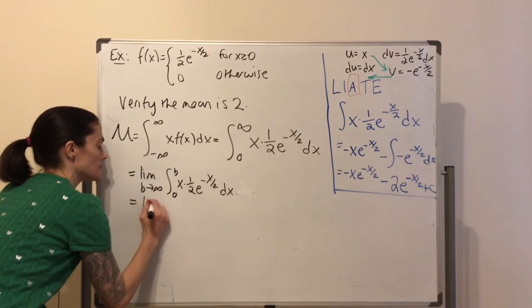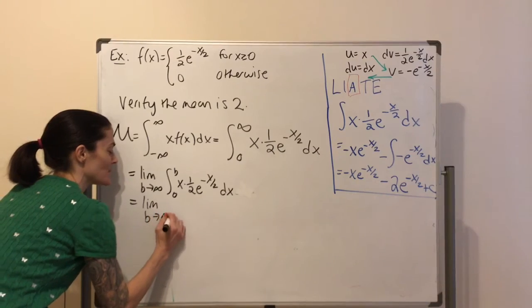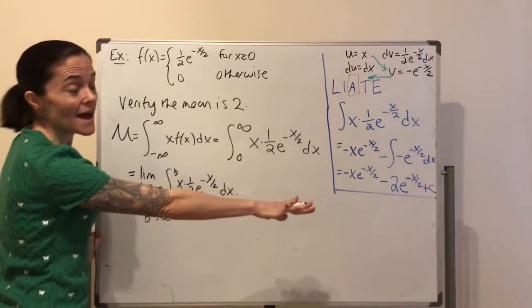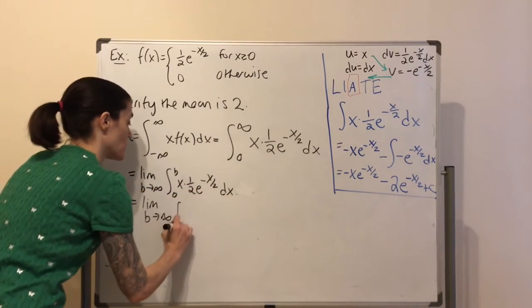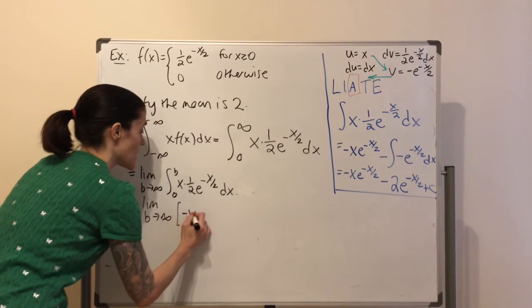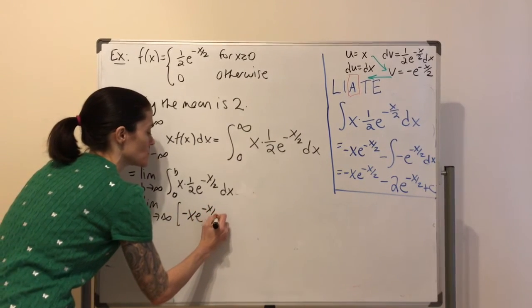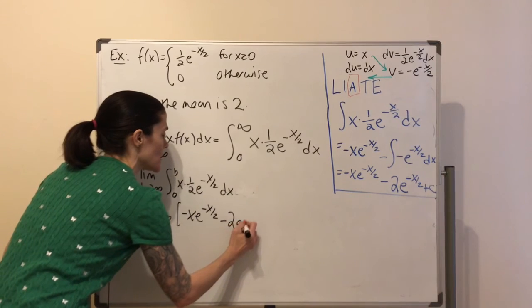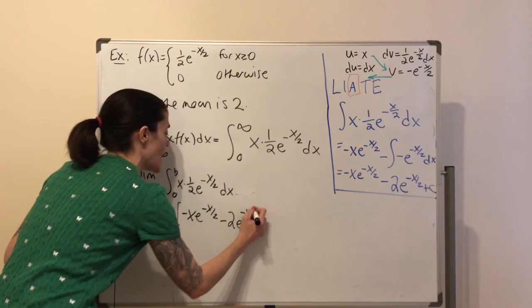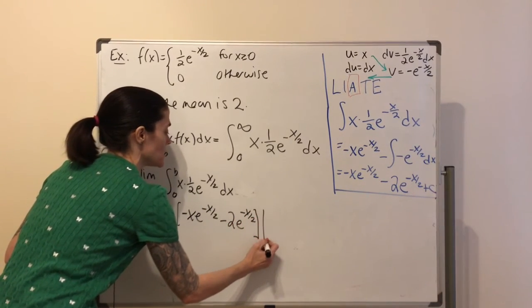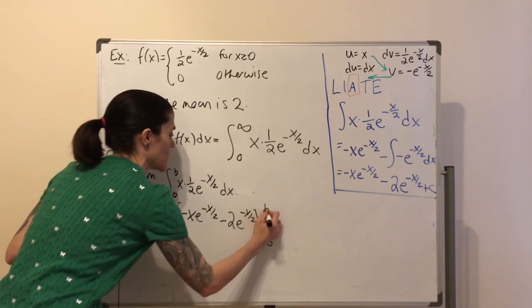This is a limit as b goes to infinity of, well, I have an antiderivative. So this is minus x e to the minus x over 2 minus 2e to the minus x over 2. And I evaluate between 0 and b.